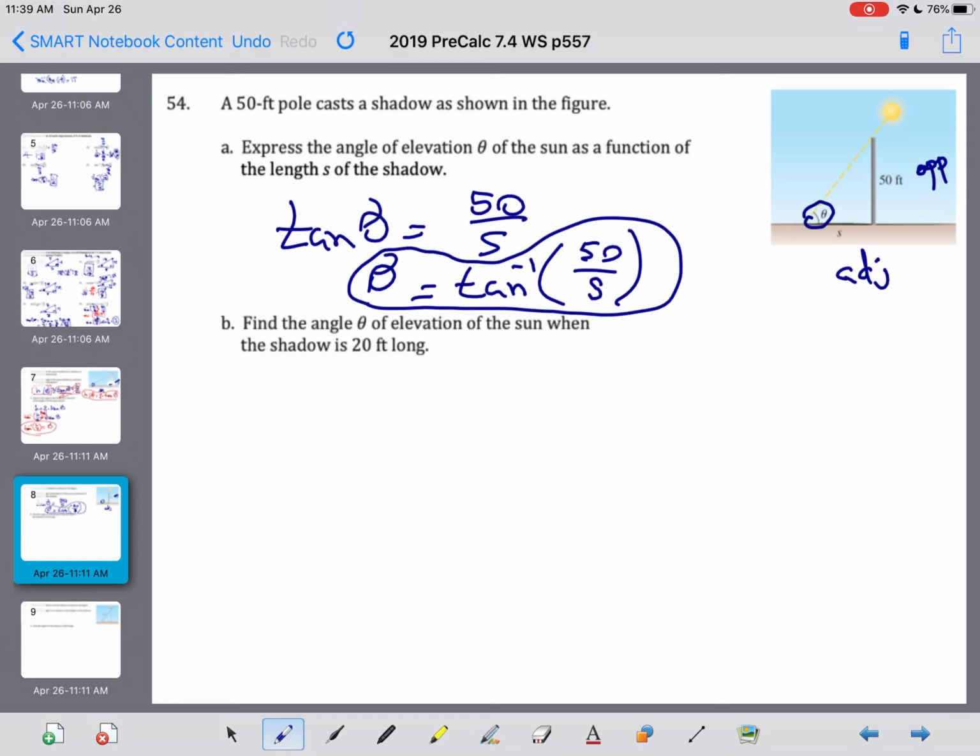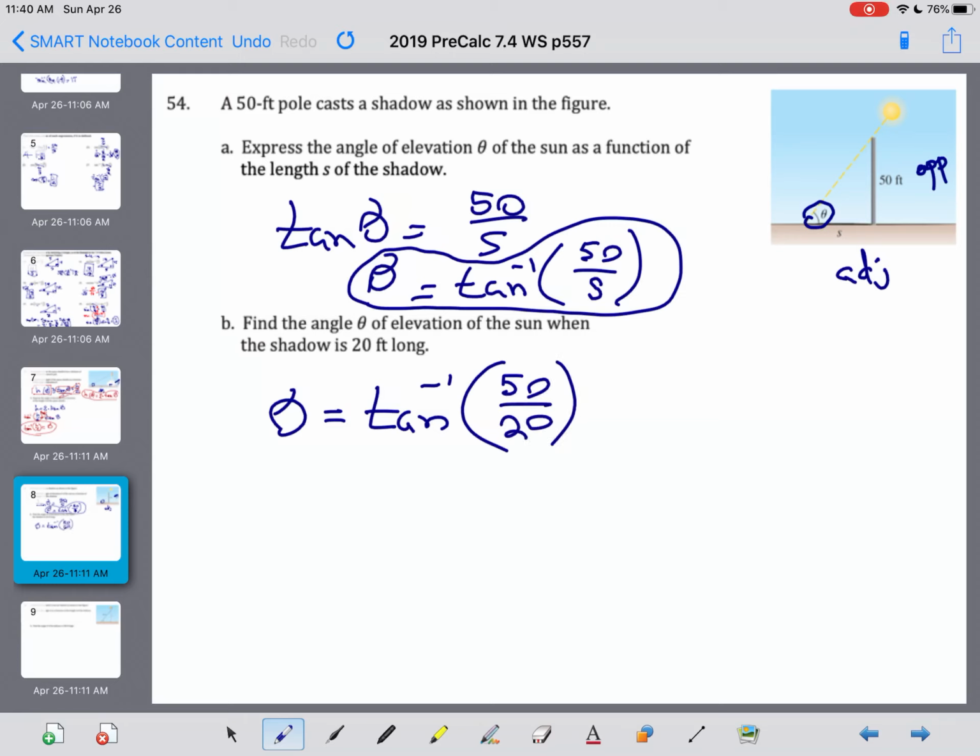Okay? Now they want us to actually do a calculation here. So they want us to find the angle of elevation, the angle up from the horizon when the sun gives you a shadow with this pole of 20 feet long. So I'm looking for theta if I have a shadow of 20.